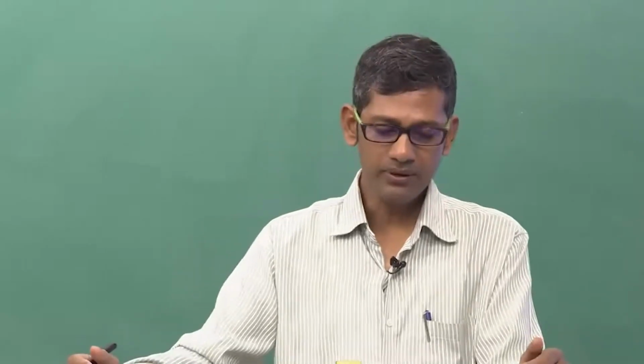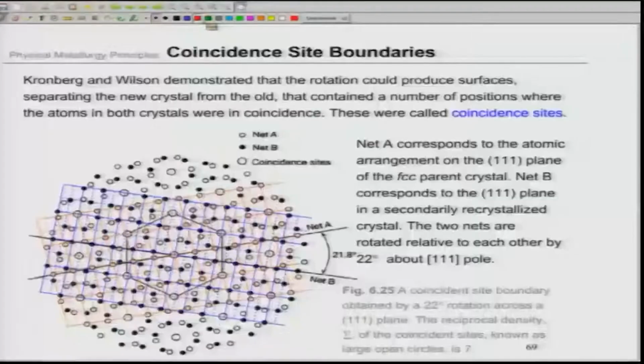To give you an example that I started in the last class, here I am showing you two nets, one corresponding to the small white circles, you see here these are the small white circles, the other one corresponding to the black dots. Now, it is possible to align these two nets falling on each other by giving a rotation around a certain axis, and these big white blobs actually correspond to this coincidence lattice.